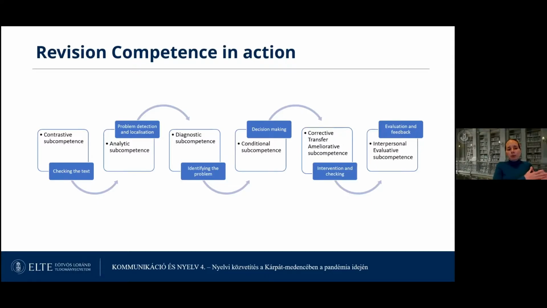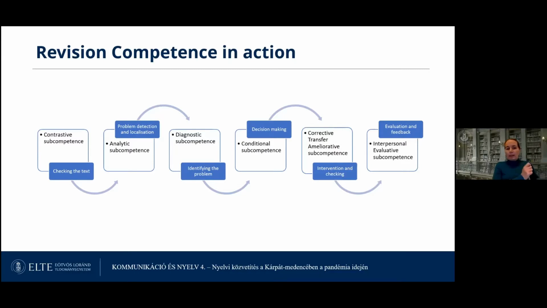to be able to detect the problem, localize the problem, and diagnose where the translator went astray or where the translator made a mistake. When the diagnosis has been done, so the problem has been identified, then the reviser may find the correct solution for the problem and makes the decision whether to intervene or not in the translated text.